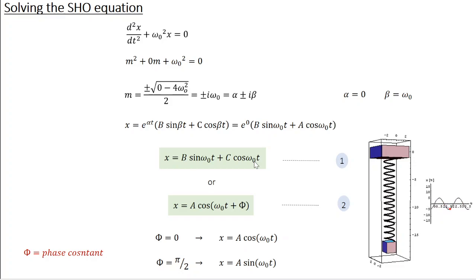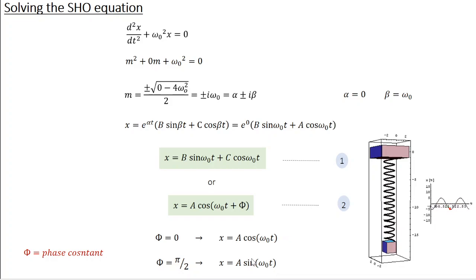Alternatively, you can also write it as a cos of omega naught t plus phi, where this extra factor phi is known as the phase constant. When phi equal to 0, the solution is a cos omega naught t, and when phi equal to pi by 2, cos of theta plus pi by 2 is sine theta, so x equal to a sine omega naught t.